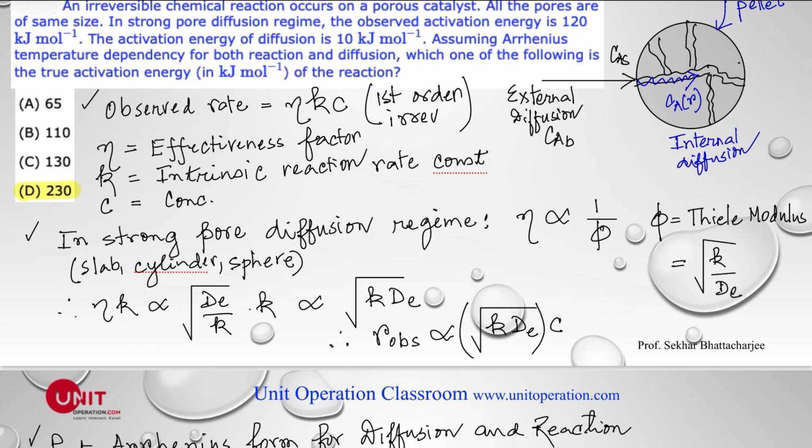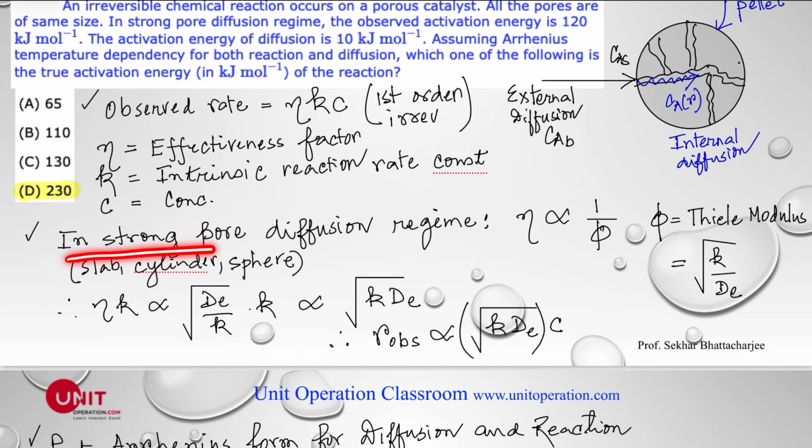Now, let us try to see a little bit of the physics behind this equation. We can say the observed reaction rate, that means the overall reaction rate, is eta k C, where k is, of course, the first order reaction rate constant, and C is the concentration inside the catalyst pores, and eta is, of course, the effectiveness factor.